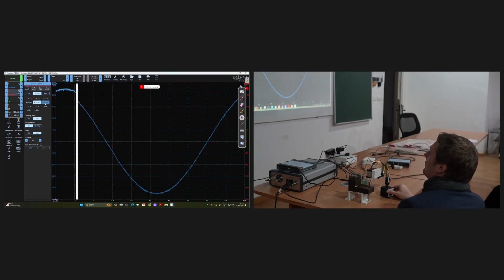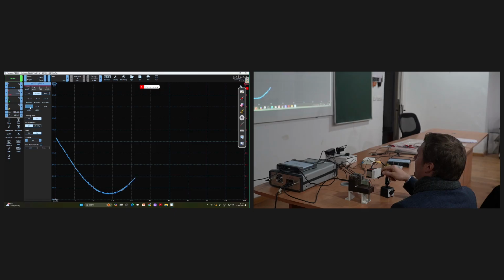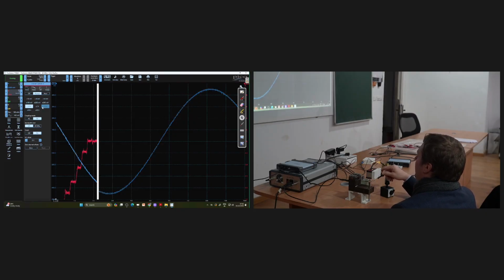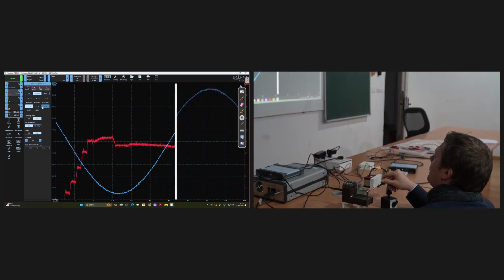Okay. The issue is that the offset always changes with. Okay.